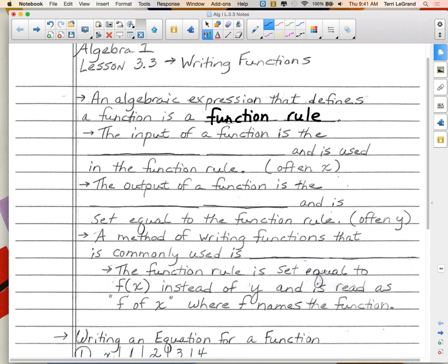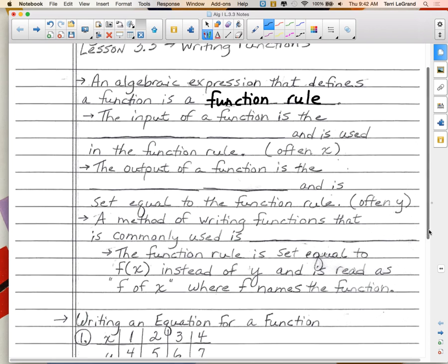Did I tell you in the book? Lindsay? A variable. Thanks, Lindsay. An algebraic expression has to have a variable and it does not have an equal sign. It's a rule that says this is how the function is going to operate.